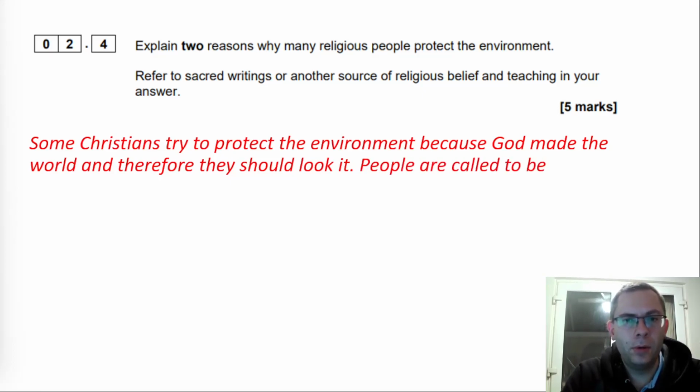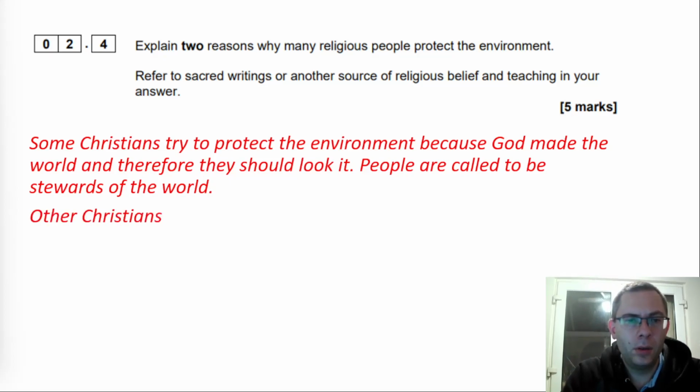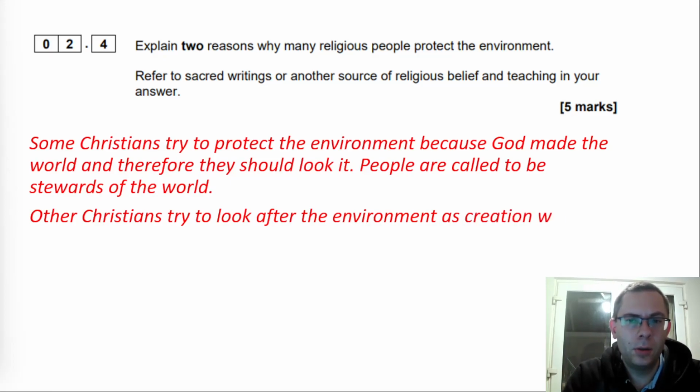People are called to be stewards of the world. Other Christians try to look after the environment as creation was a gift from God for them to enjoy.